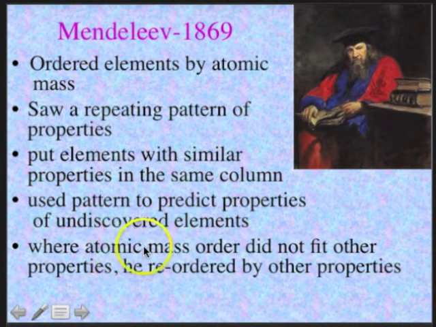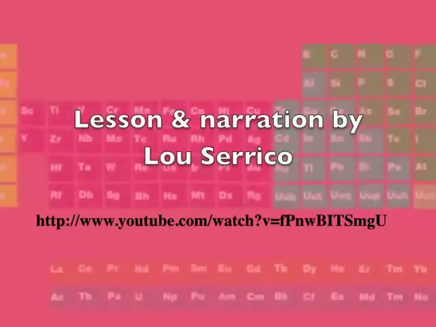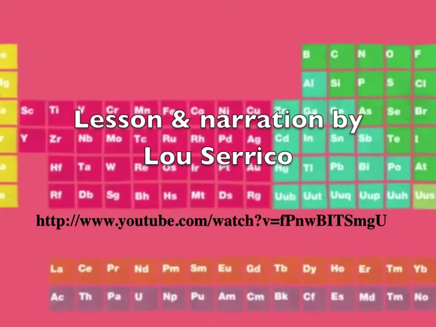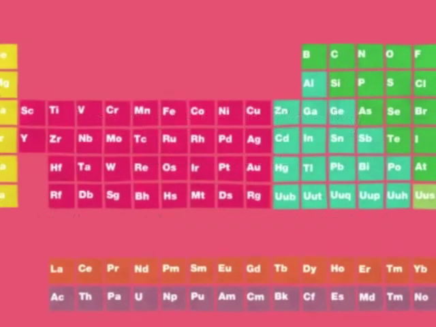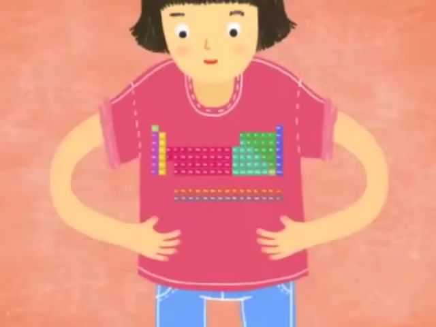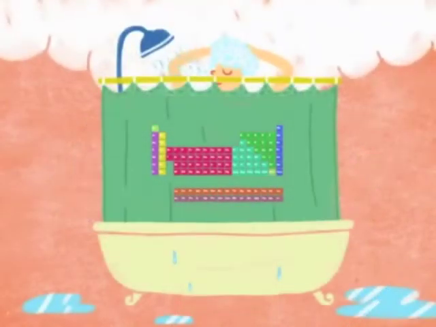And when the atomic mass order did not fit other properties, he reordered by these other properties. The periodic table is instantly recognizable. It's not just in every chemistry lab worldwide. It's found on t-shirts, coffee mugs, and shower curtains.